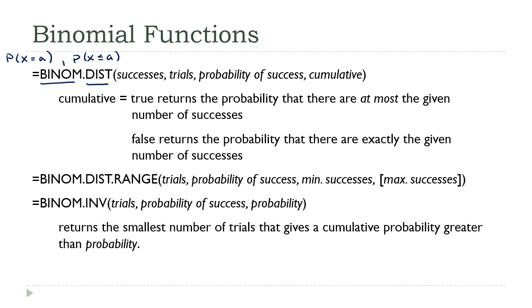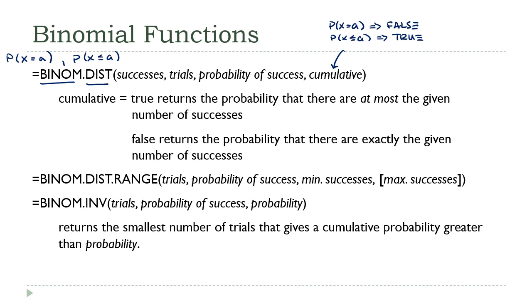Most of these input parameters are self-explanatory. It's this cumulative one here that is your new best friend. If you want to do P of x equals a number, put false here, and you would literally write it like that, just no quotes, just the word false. And if you wanted to do P of x less than or equal to A, then you would enter true.